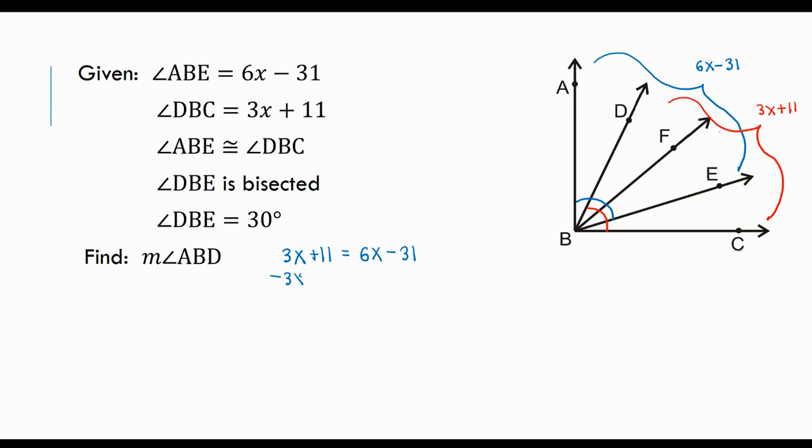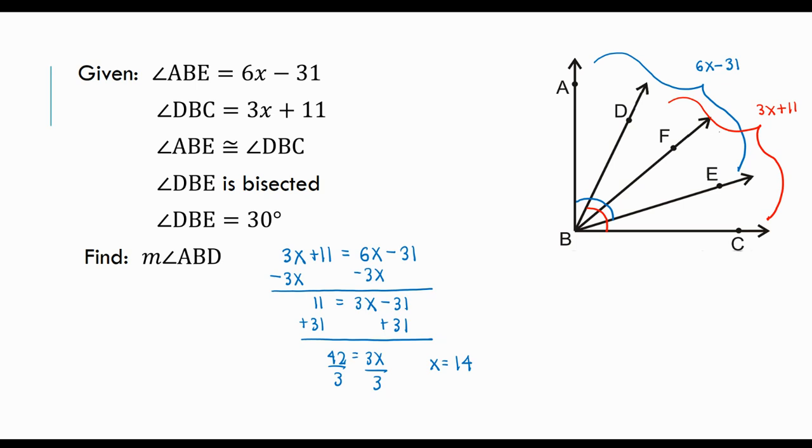I'm going to subtract 3x over to the other side, and then I'm going to add the 31. Then we'll divide by 3, and 42 divided by 3 is going to give us 14.